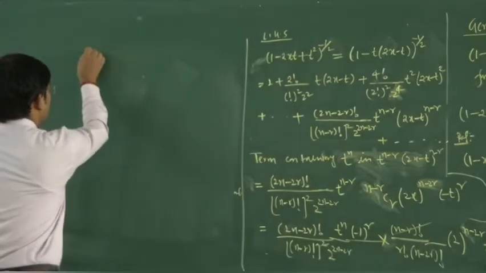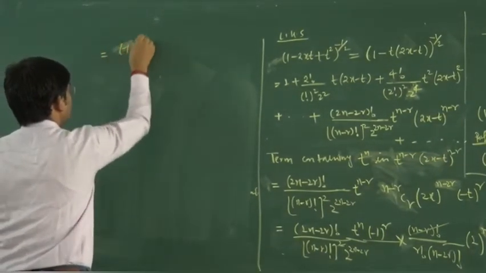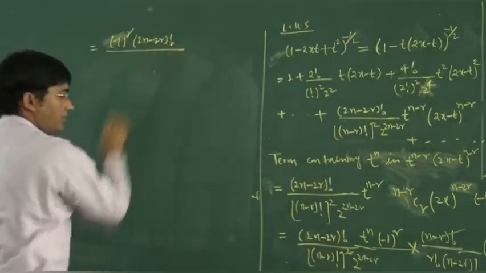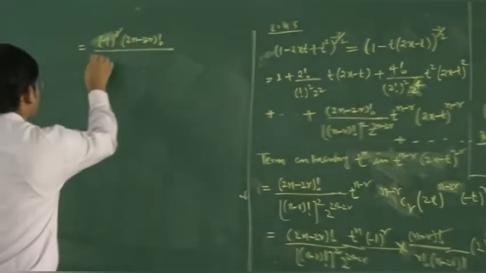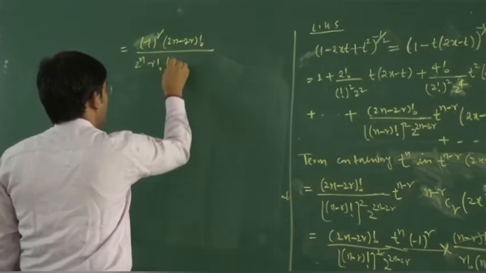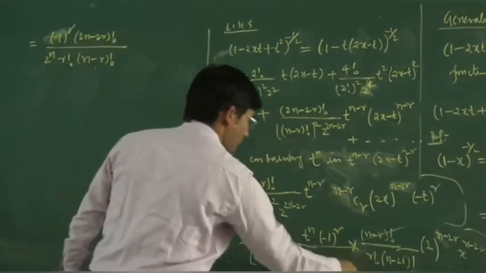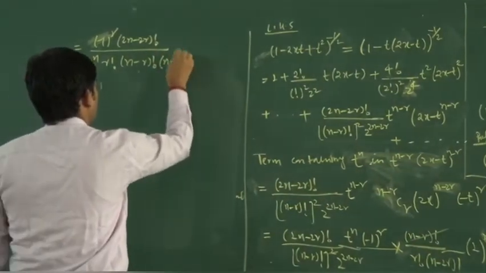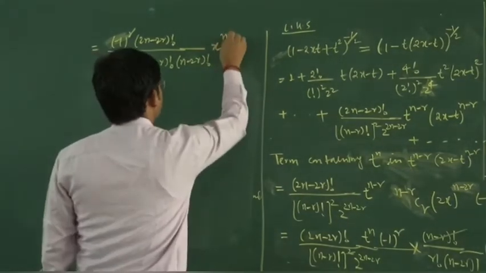So it is equal to (minus 1) power r, factorial 2n minus 2r divided by 2 power n, then we have factorial r, then factorial n minus r, then factorial r, then factorial n minus 2r. Now in the power we have x power n minus 2r.